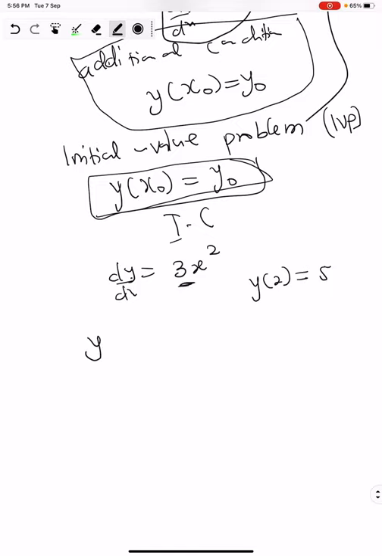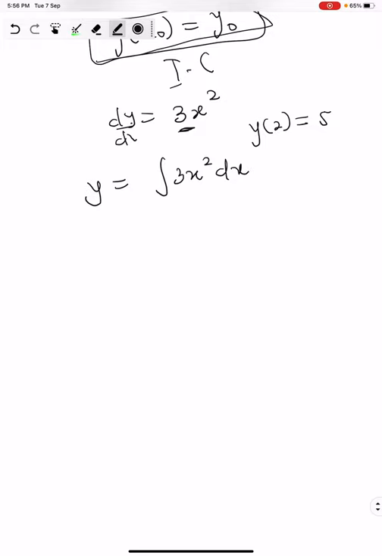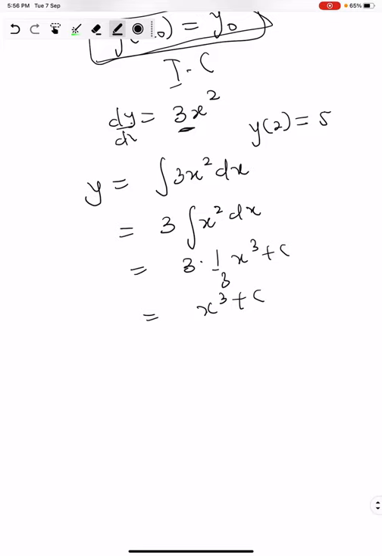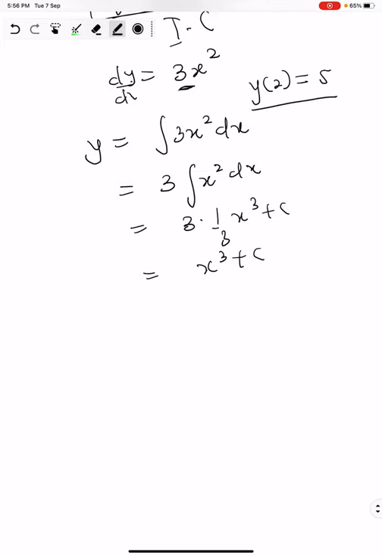That means y is equal to the integral of 3x squared dx, which is 3 times the integral of x squared dx. This is 3 times 1 over 3 x cubed plus c, which is equal to x cubed plus c.